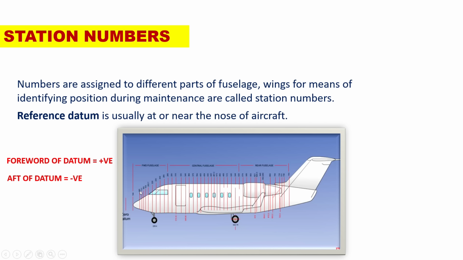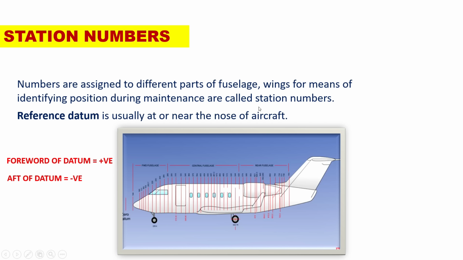So I'll number it +1, +2, +3, or it can be in inches, millimeters, centimeters, whatever, and these will be positive. But if I have something on the left-hand side, aft of the datum, this side, then it will be negative, right? This is your station number.